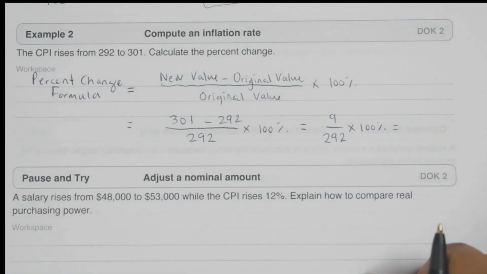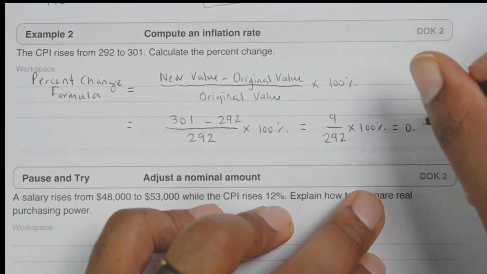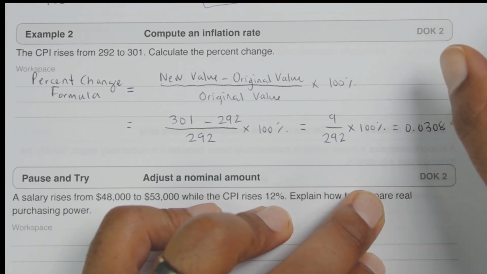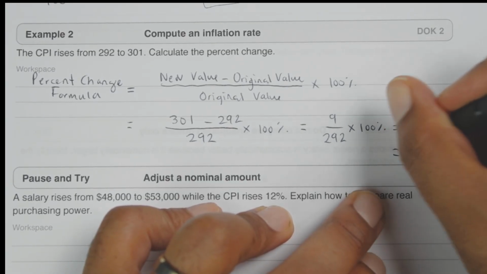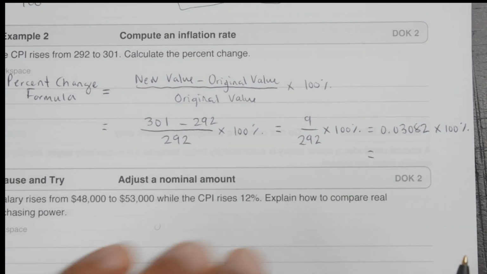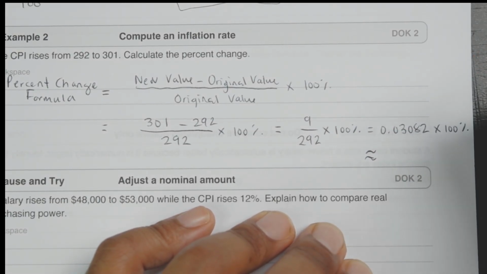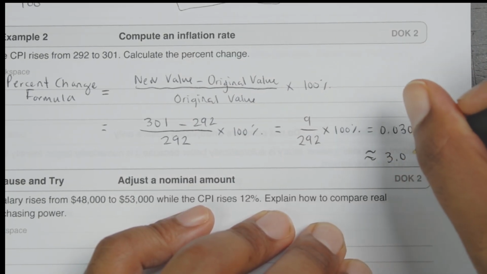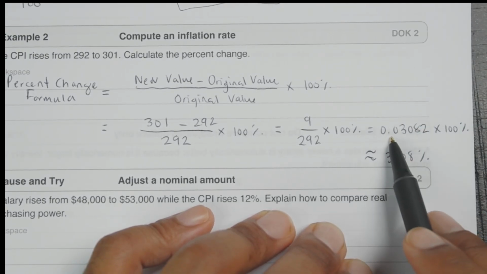9 divided by 292 is going to give me 0.030082, and we're going to multiply that by 100%. After multiplying, I'm just going to use an approximation here: we end up with 3.08%, or you can just move the decimal place two units right.